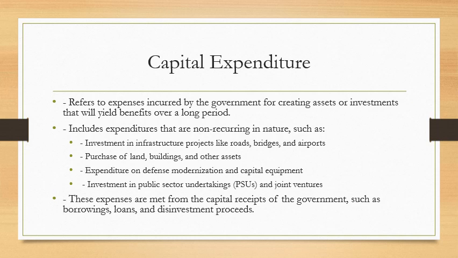When such expenditure is made by the government, it is called capital expenditure. These capital expenditures are financed by loans, borrowings, and the proceeds of disinvestment made by the central government.